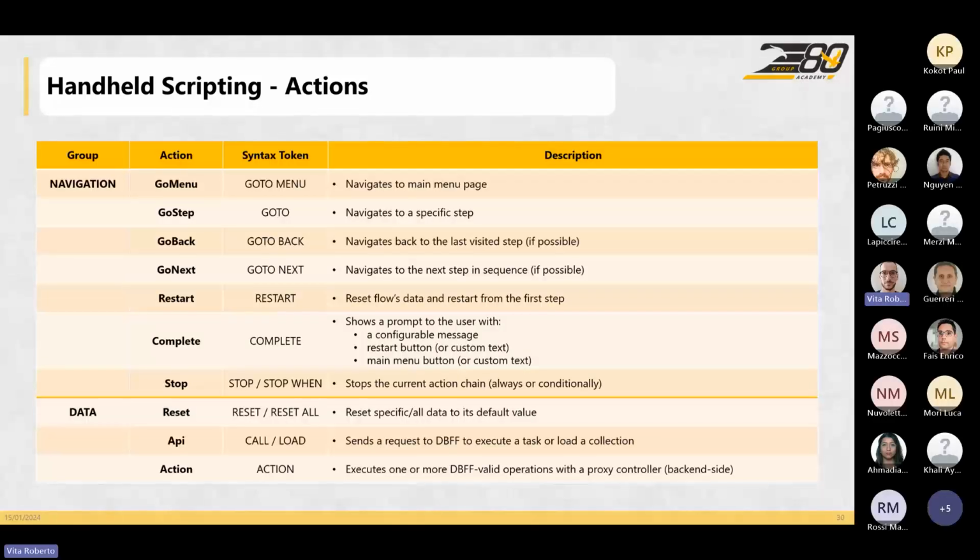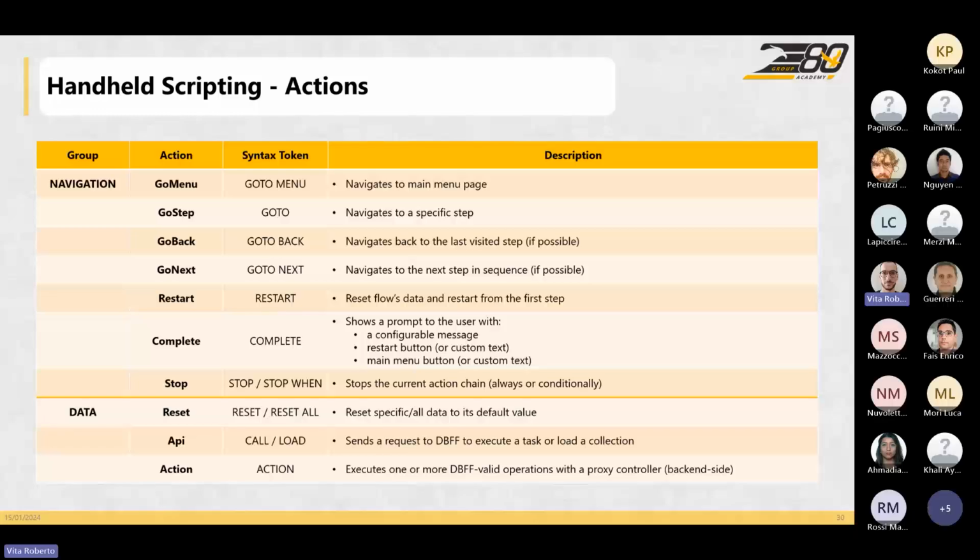We can stop always or conditionally based on some condition that we can define. So we are executing a complex event. We tap a button that should execute 10 actions. We want to stop in the middle because we can't continue. We should use a stop syntax token.